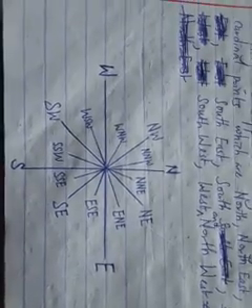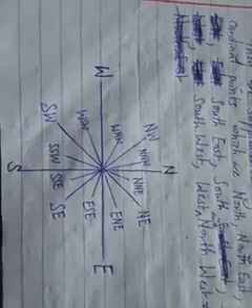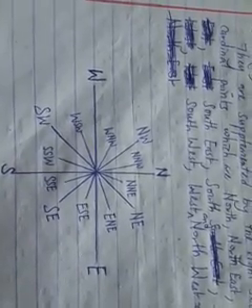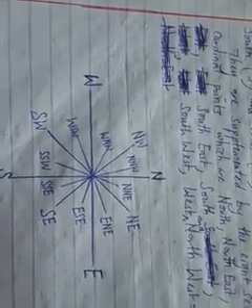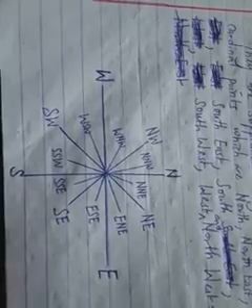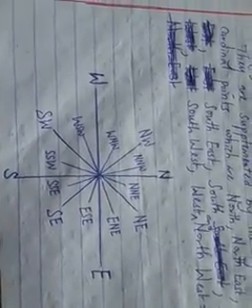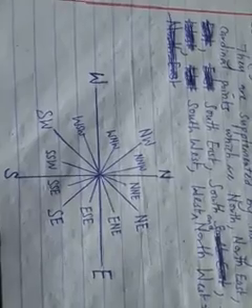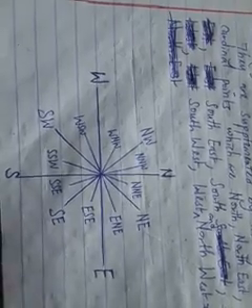I welcome all of you to SS2 Mathematics, and the topic for this week is called bearing and distance. Now, under bearing and distance, you need to be familiar with the directions given in any question.